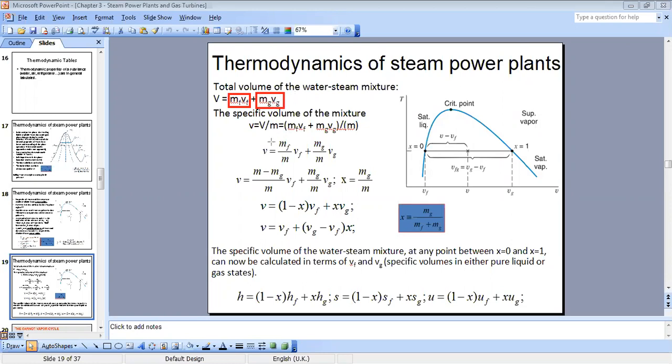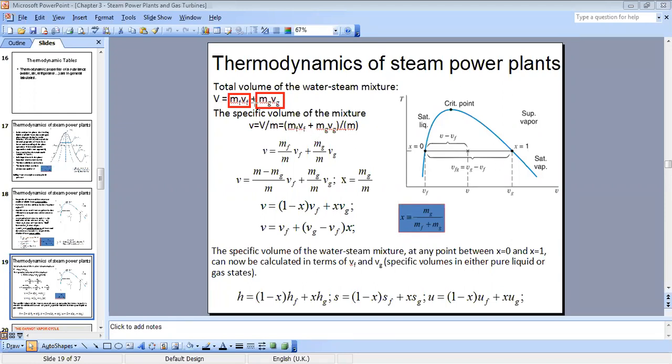Now, you know that we can replace a big V by small v times m, since small v represents big V over m. So small v can be written as (mf vf plus mg vg) over m.